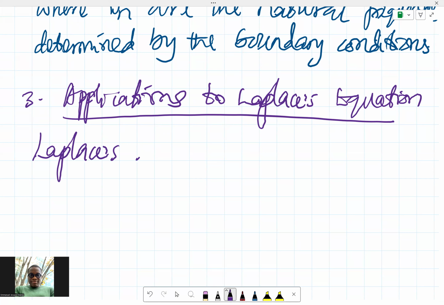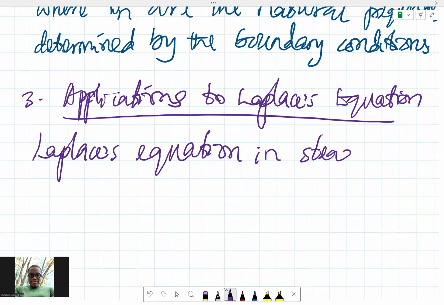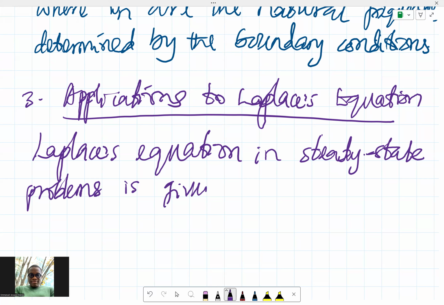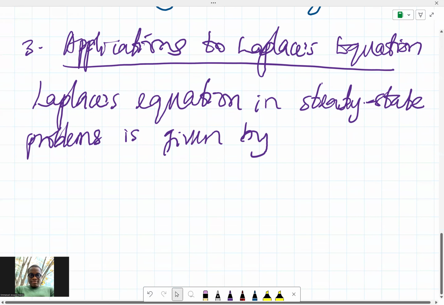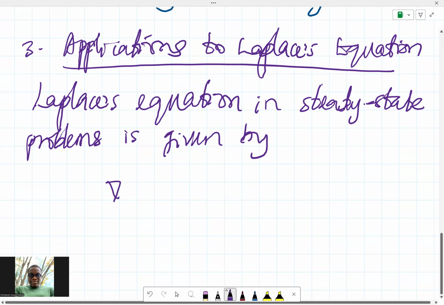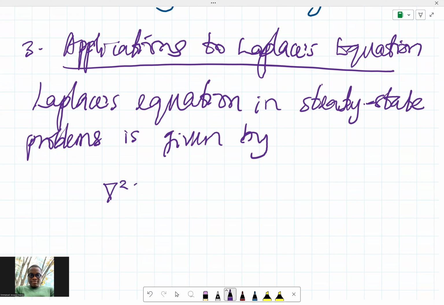Laplace's equation in steady state problems is given by this thing, I think it's called nabla, like a triangle facing up. So that's nabla squared of phi of x, y, z equals 0.